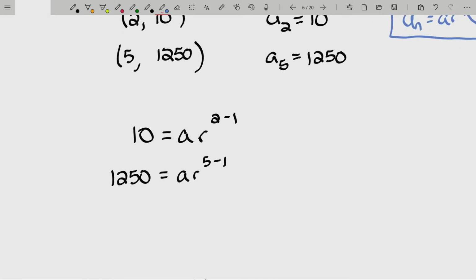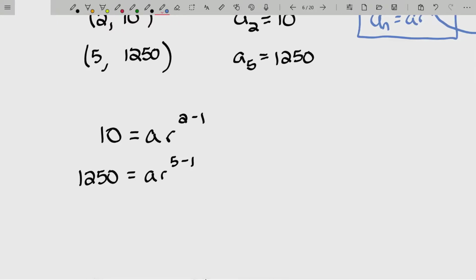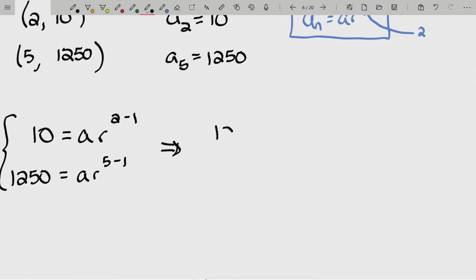And then I had mentioned, if you watch my videos on exponential functions and actually finding the equations for exponential functions given 2 points, the way that I do it is I create a system. So let's go ahead and create a system out of these two. You don't have to. You could solve one equation for a variable and so on and so forth. But I tend to like to do it this way.